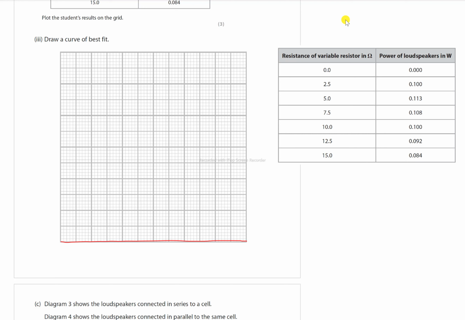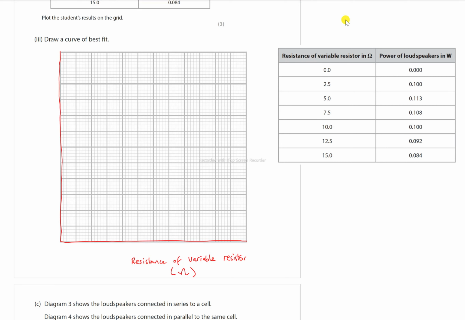I'm going to plot resistance of variable resistor, and I'm going to put in brackets the units. And then I'm going to draw a line up here, as straight as I can.